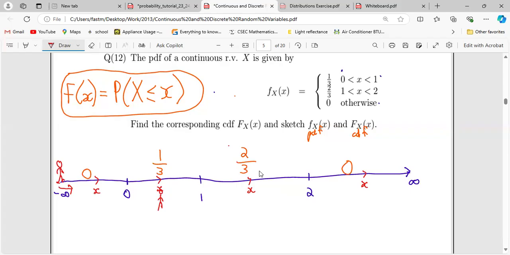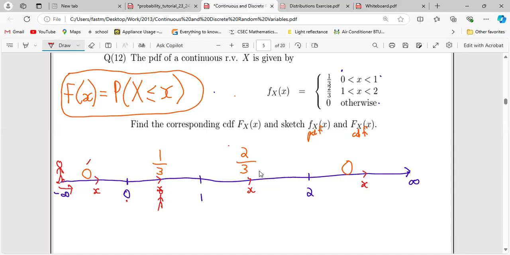Logically, if you're trying to add up with respect to the intervals, it will be 0 between minus infinity and 0. And then it will be from 0 to this x value that you have here, right? But the problem is you don't know what this area is. So I will tell you the other concept. Because it's a continuous random variable, the probability is the area under the graph.